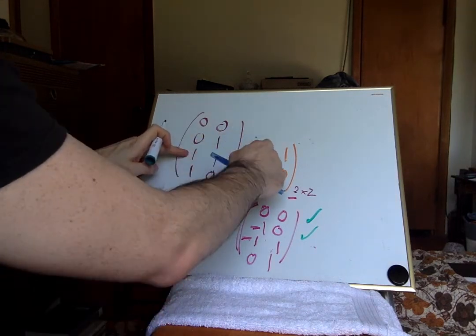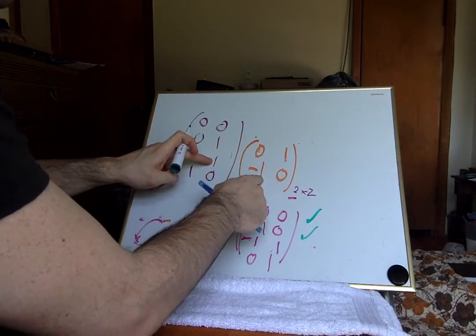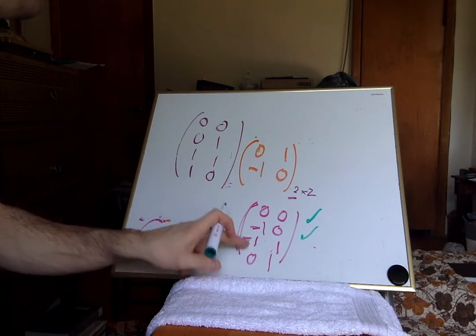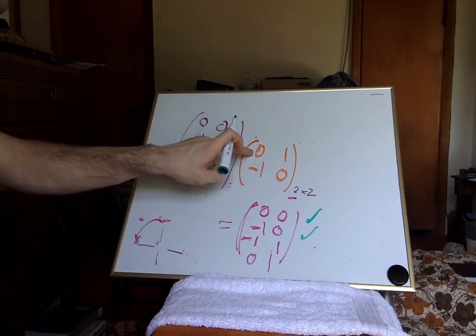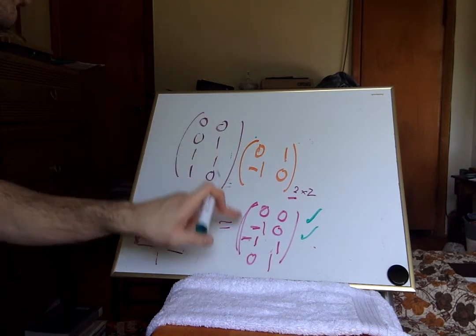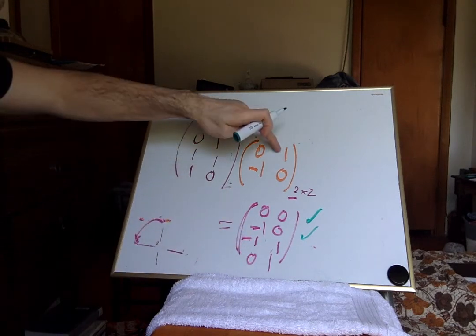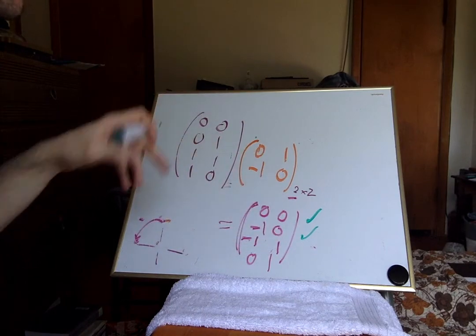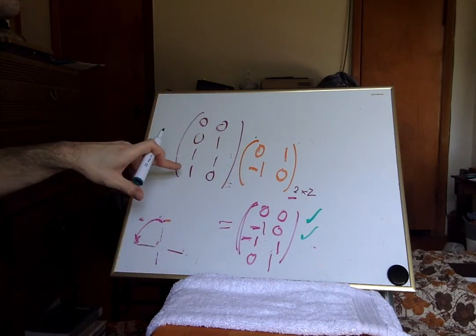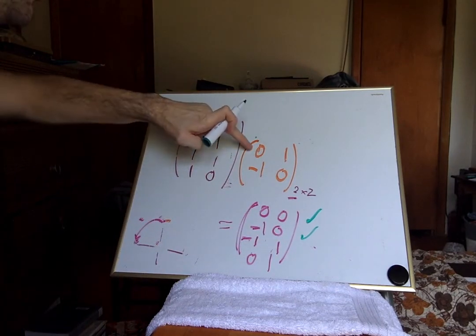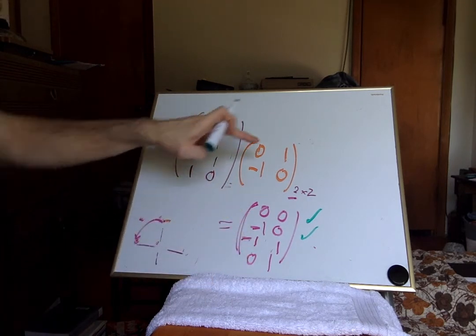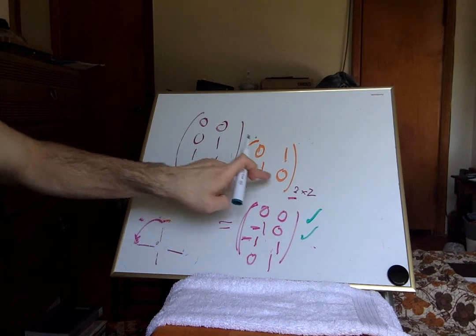Finally, 1 times 0 is 0, 1 times negative 1 is negative 1, because 1 times 0 is 0 plus negative 1 is negative 1. 1 times 1 is 1 plus 1 times 0 is 1. And for the final one, 1 times 0 is 0 plus 0 times negative 1 is 0. 1 times 1 plus 0 times 0, that's 1.